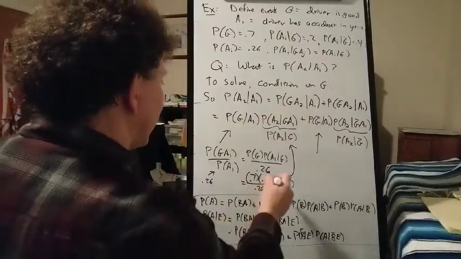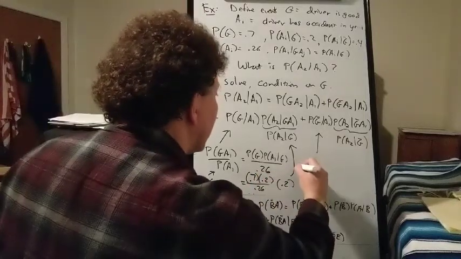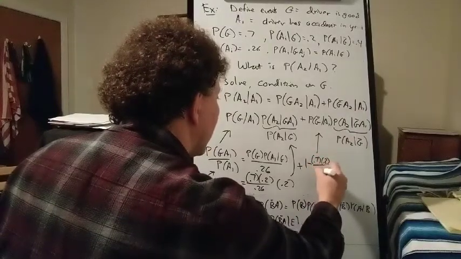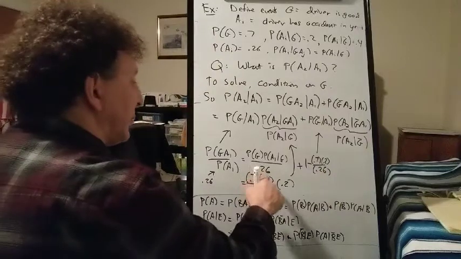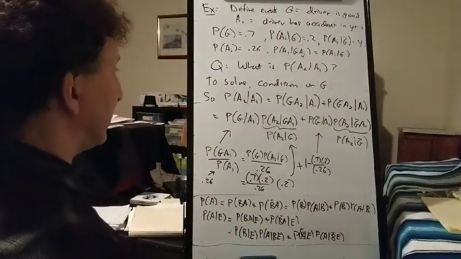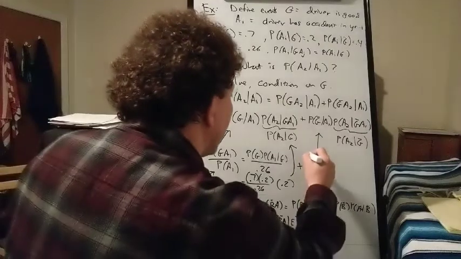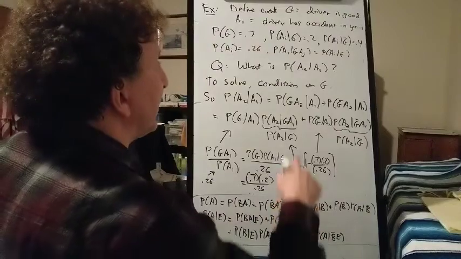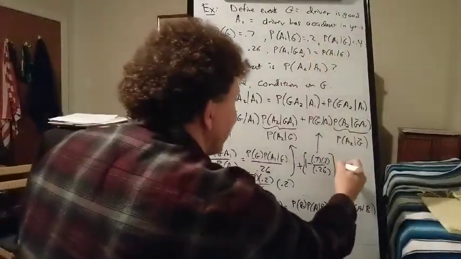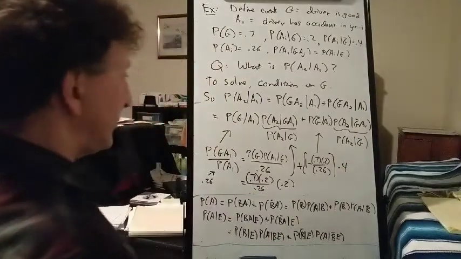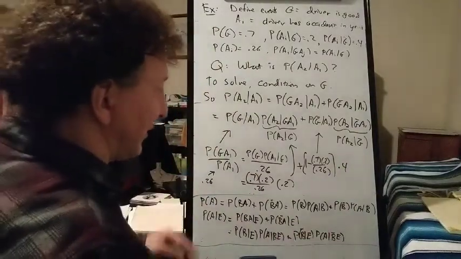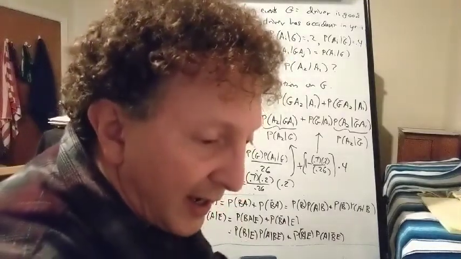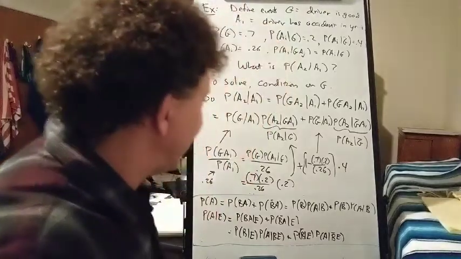So 1 minus this fraction, 1 minus 0.7 times 0.2 over 0.26, times probability of A2 given not G. So the probability of an accident given a bad driver is 0.4. And then we can type all of this into the calculator or reduce fractions, and I get that it is equal to 19 over 65.